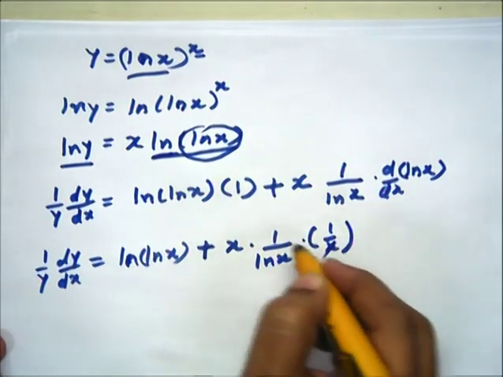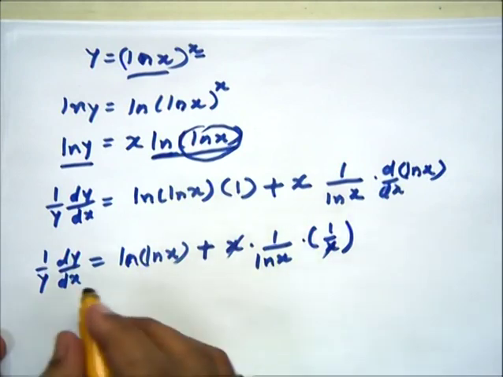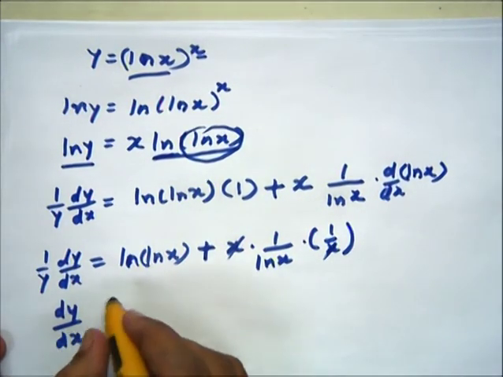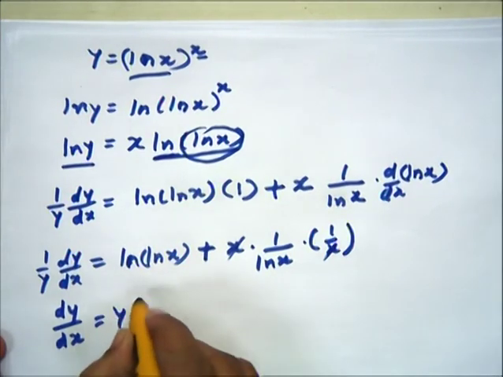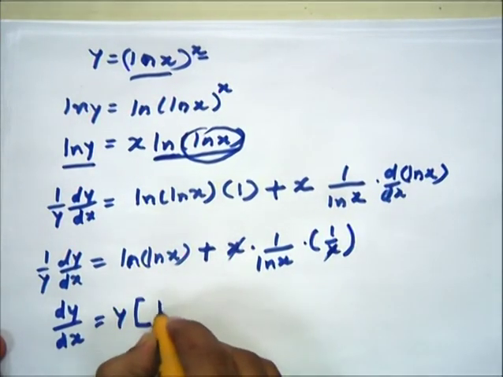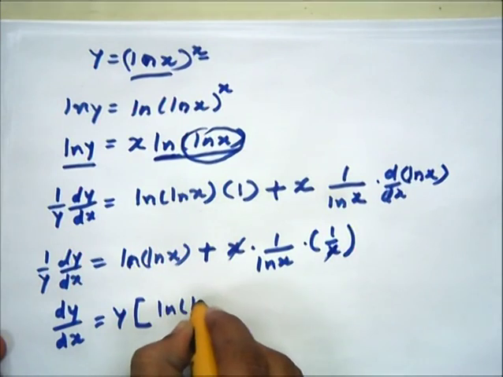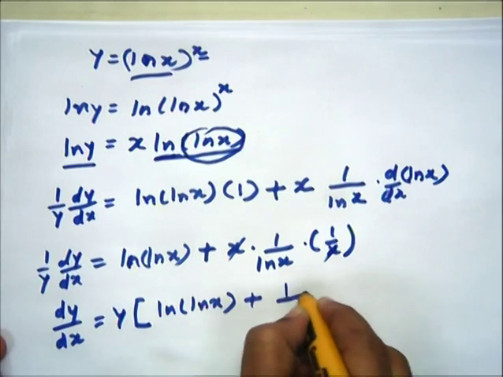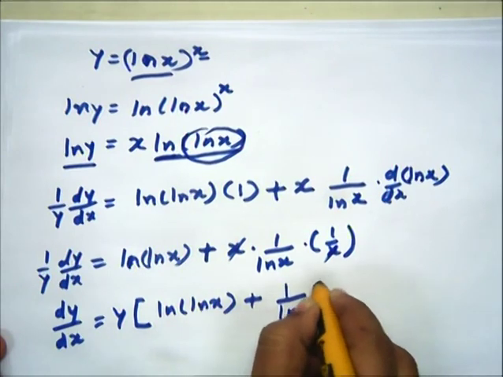So this x and x will get cancelled, and here if we take y on the opposite side, we have y into log log x plus 1 upon log x.